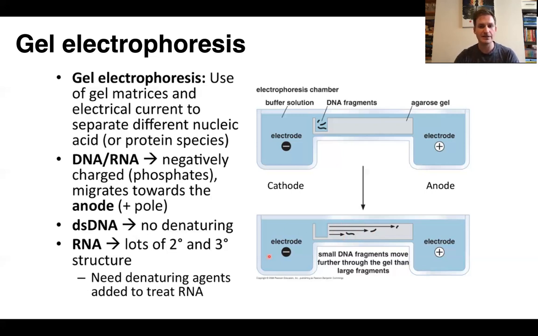And again, this involves applying electrical current. So the side where you apply the DNA has a negative charge of electricity running through it, and then the migratory side has a positive charge.